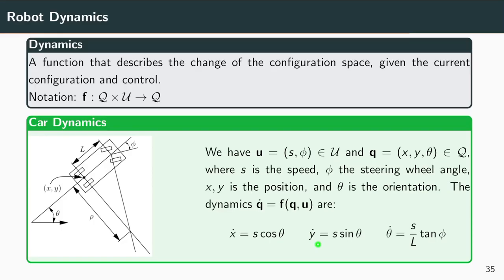The change of the y coordinate is the speed of the robot times the sine of the current angle. And then maybe the most difficult one would be the change of the angle itself, which depends on how fast you move, how long the distance is between the front wheels and the back wheels, and then finally what you do with respect to steering.